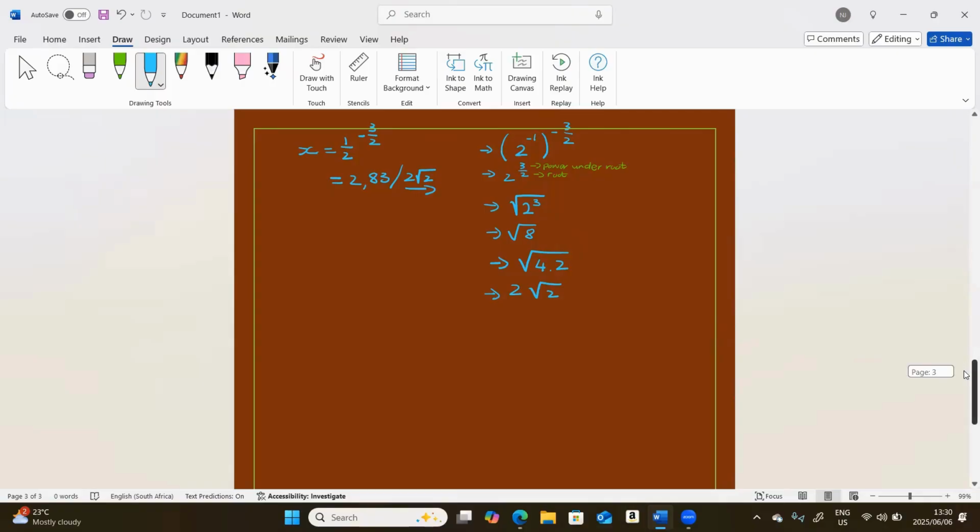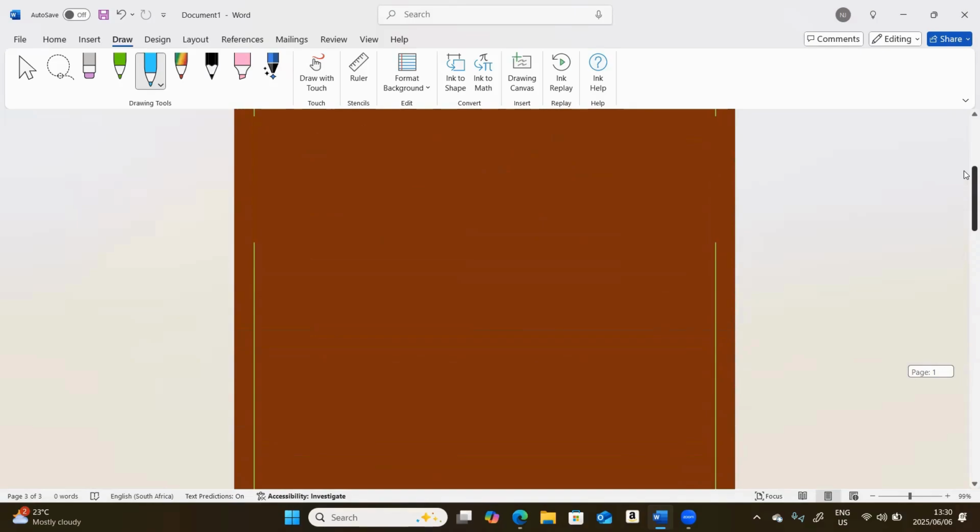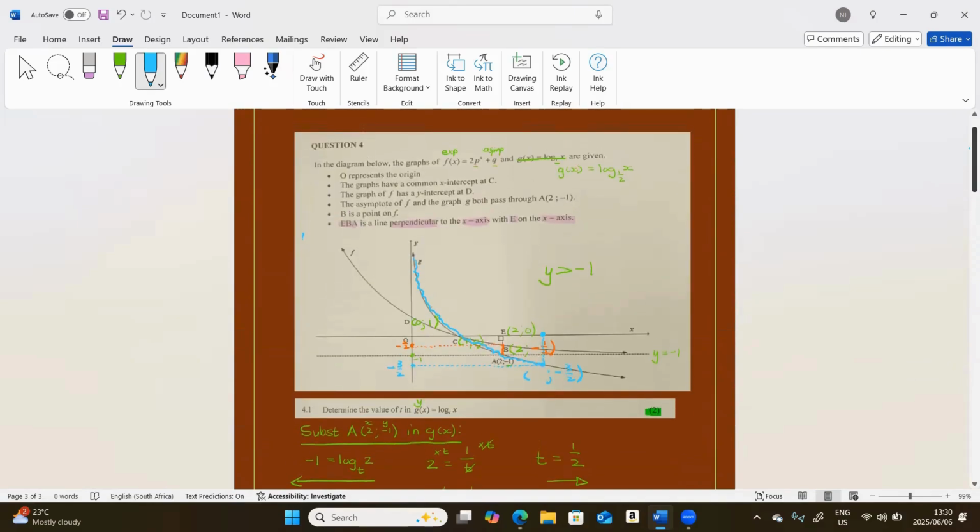Okay, so now that we have our x value of 2 square root 2, you can use 2,83 as well. Let's go back to our sketch to make sure that we understand what we are doing. So can you see now we have an x value over here of 2 square root 2. So over here it would be 2 square root 2.